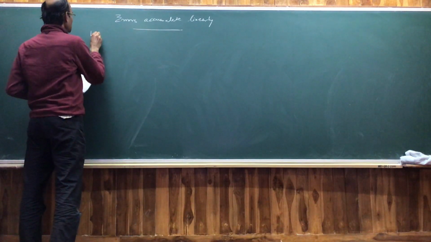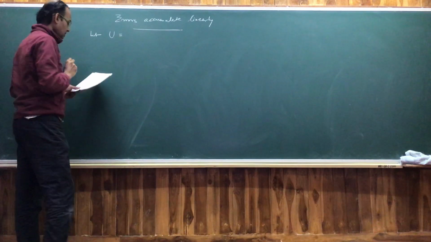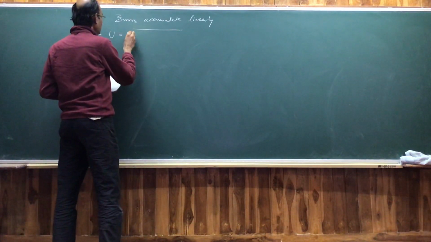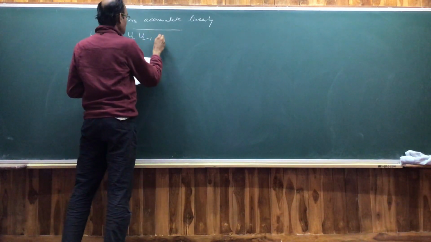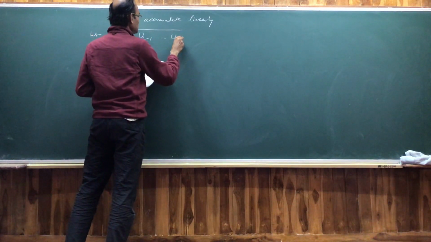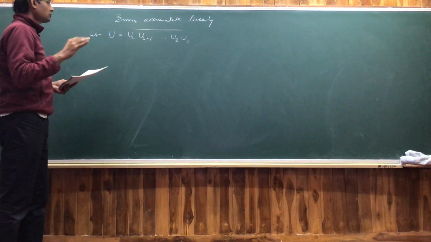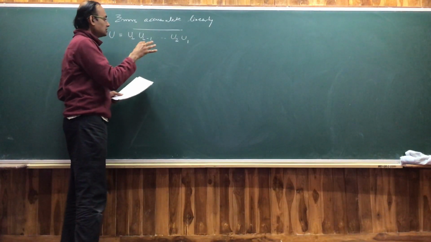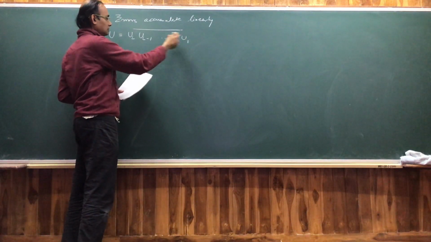Let a unitary operator U be formed by this. You have to think of a circuit which has L operations, L unitaries, and of course it acts from this side.